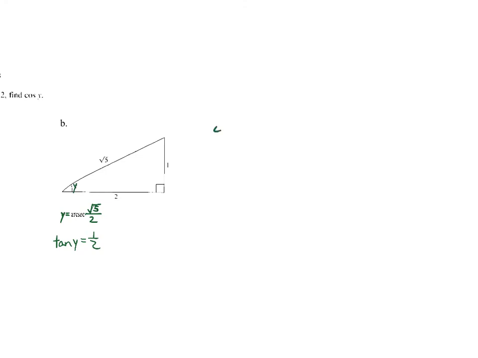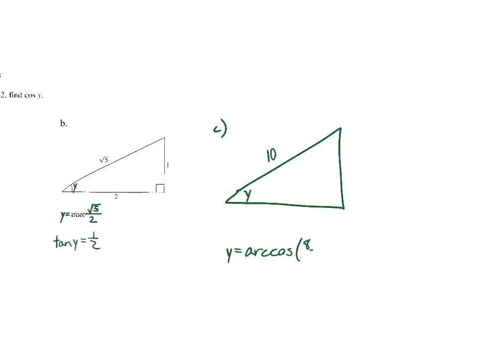What if we were given one where all we knew was here's y, and let's say we knew this was 10, and let's say that we knew that y equaled the arc cosine of 8/10. Well, what could I figure out then?